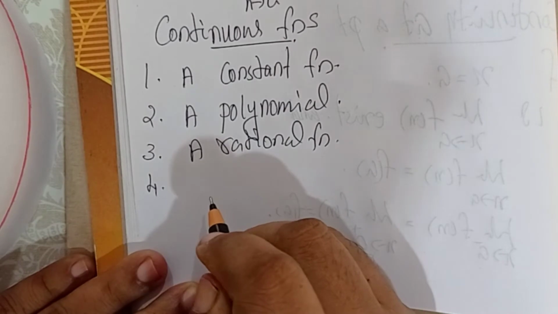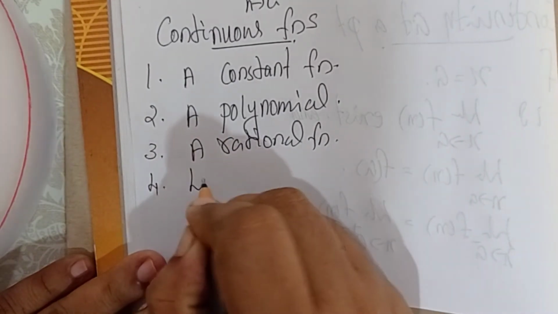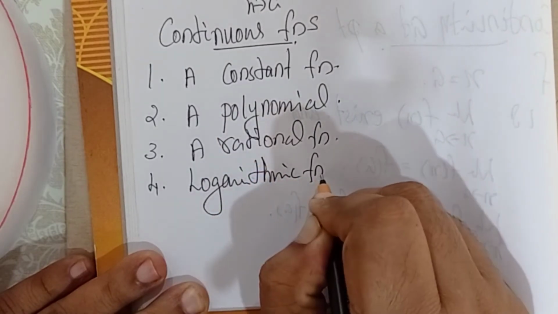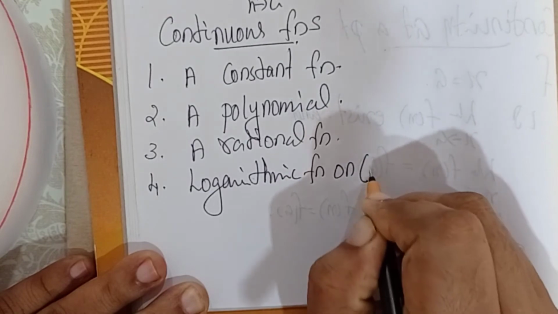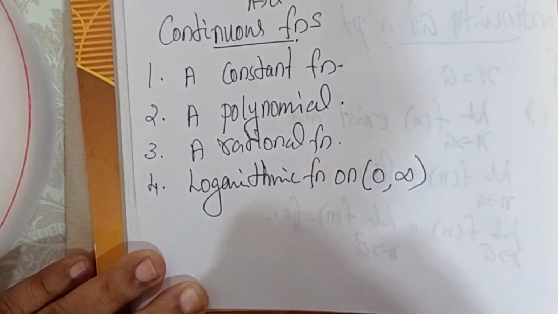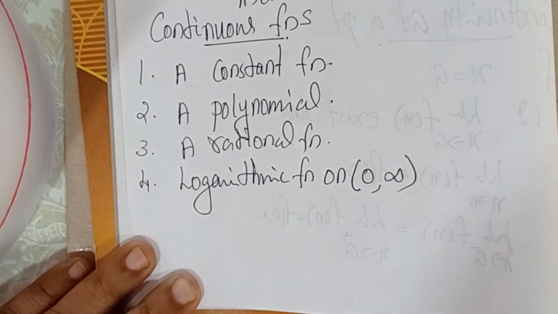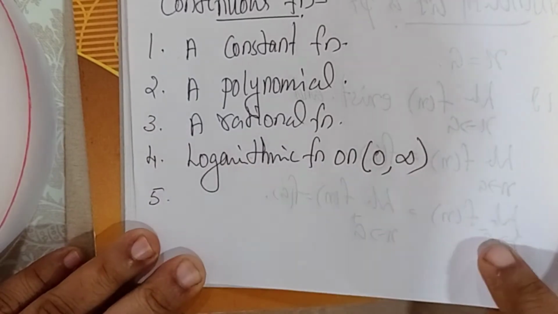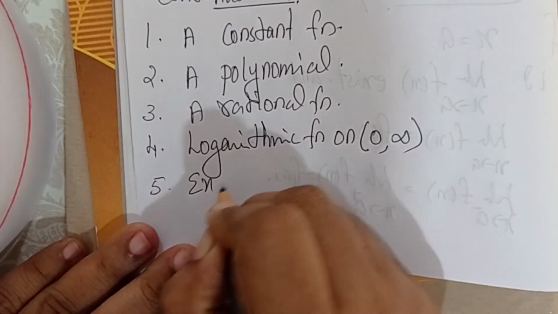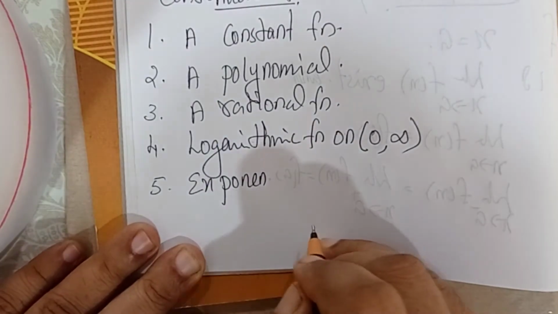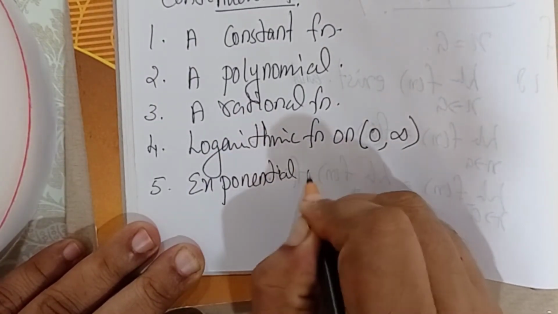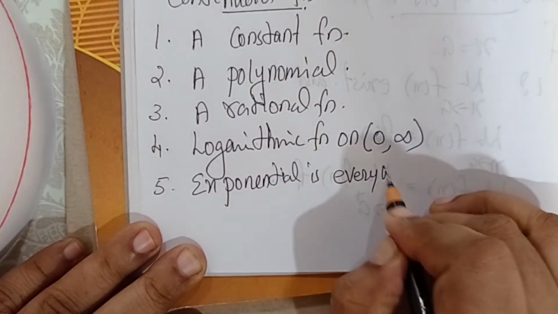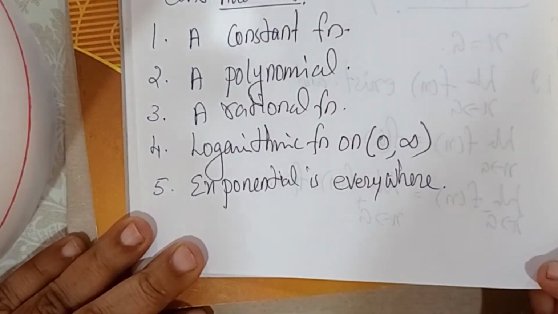Fourth one, logarithmic function is continuous on the open interval 0 to infinity. Then fifth one says exponential function is everywhere continuous.